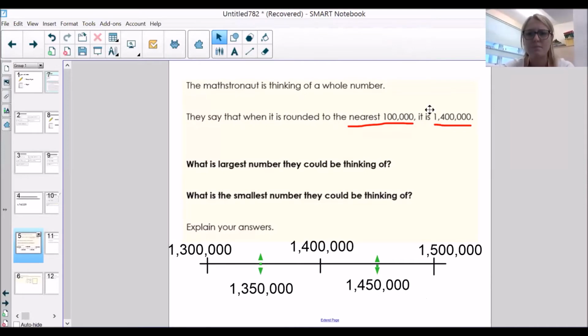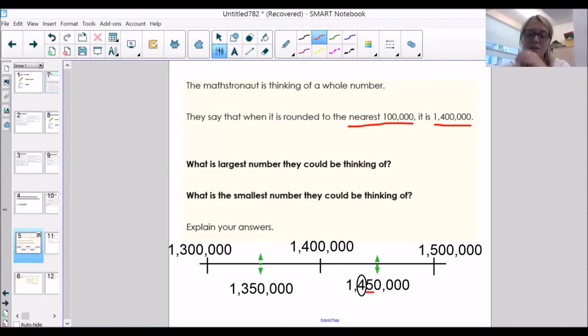Looking at the larger one first, our larger midpoint, 1,450,000. If we rounded that to the nearest 100,000, would it go down to 1,400,000? Let's check. Mark your place, look next door. 5 or greater, add 1 more. We've underlined a 5, so we would round up to 1,500,000. So we can't use that one as our larger number.